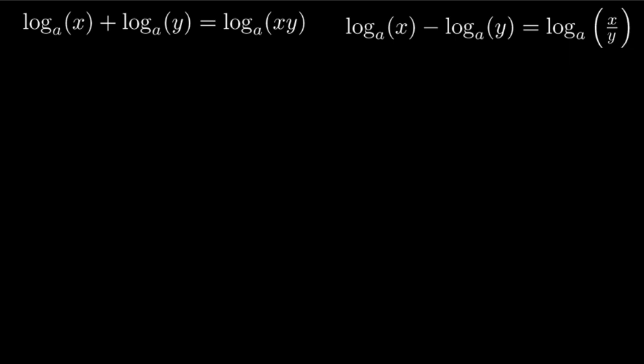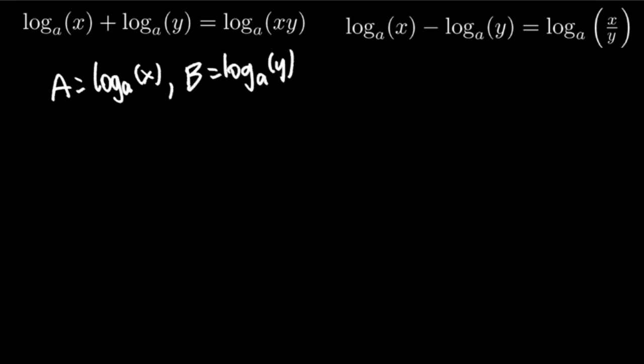So let's let capital A be log base a of x, and capital B be log base a of y. Then we can think about putting these into exponential form. So the base is a, then the exponent is capital A, and what we're trying to get is x.